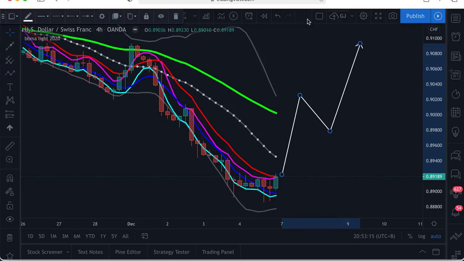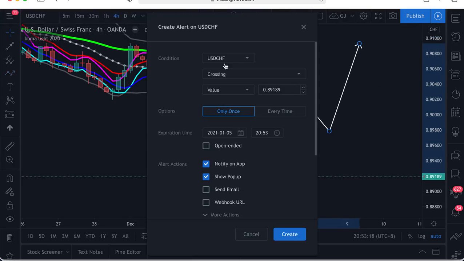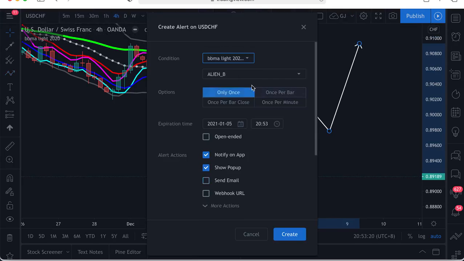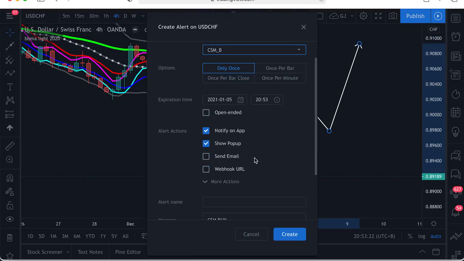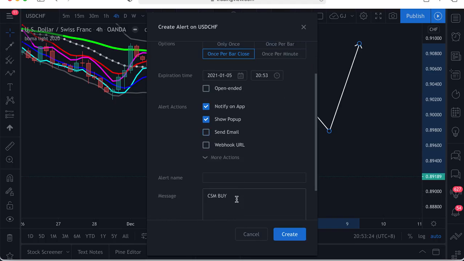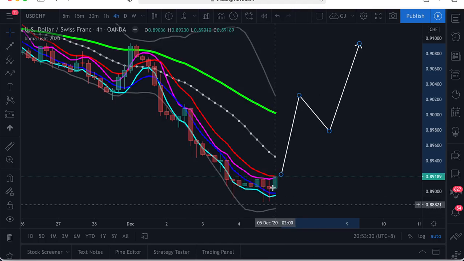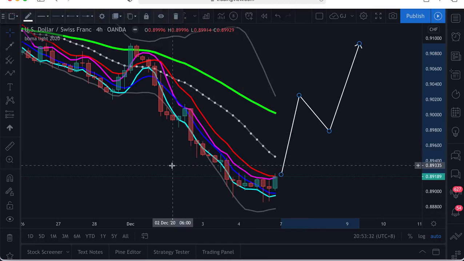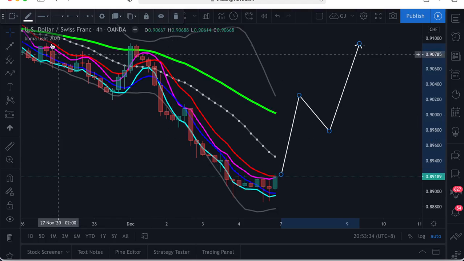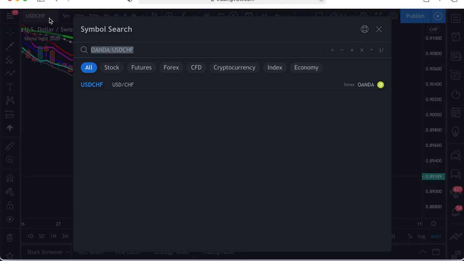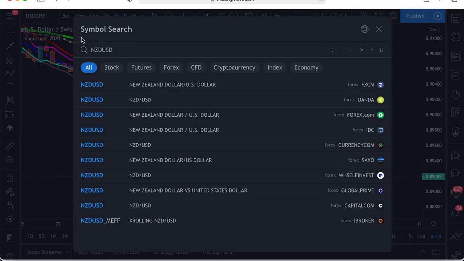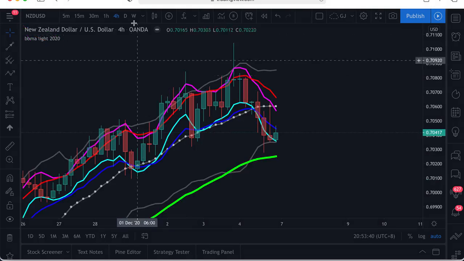So we're gonna set alert for that. Buy at H4 EMA 50. Okay, that's USDCHF.